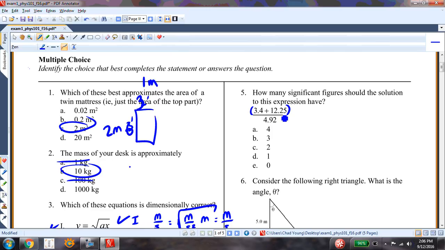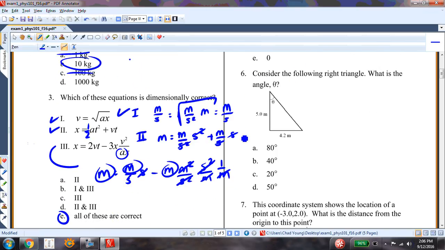When I do this, I'm going to keep 1 decimal place, so I will come out with 15.7 divided by 4.92. Now it's important how many decimal places I have here, but it's also important how many digits I have here, because in the end I have 3 significant figures that I'm keeping, and I have 3 significant figures that I'm keeping here, so 3 will be the right answer.